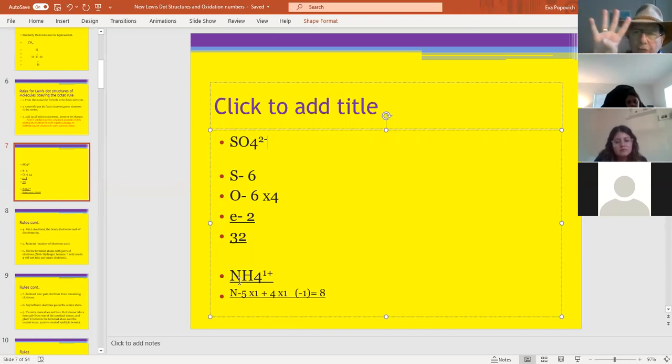The 4 hydrogens each have 1, but it's a +1, so I have to subtract 1 away from it. 5 plus 4 is 9, minus the 1, I have 8 valence electrons. Are we good with this, ladies and gentlemen? We good with this so far? All making sense now, right?